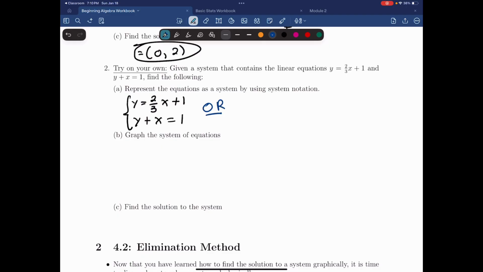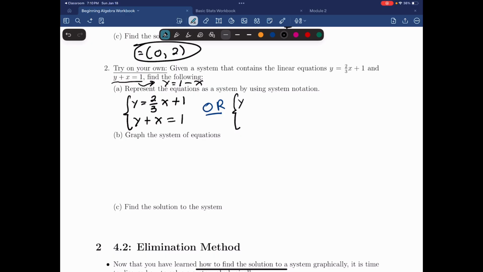Now, you can also write the system of equations like so. You can take this linear equation, and if you want to, you can convert it to slope-intercept form by subtracting x on both sides. So you get y equals 1 minus x. So you could write the system as well like this, if you so prefer.